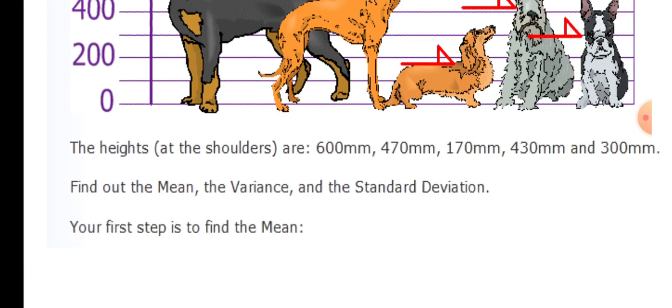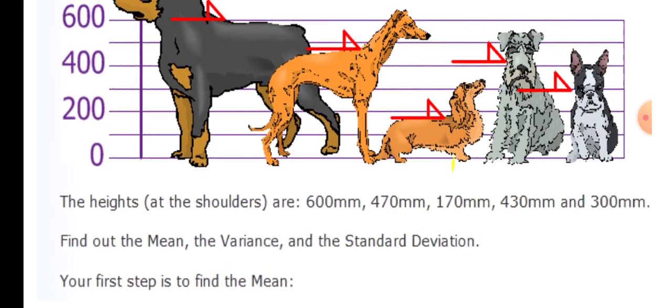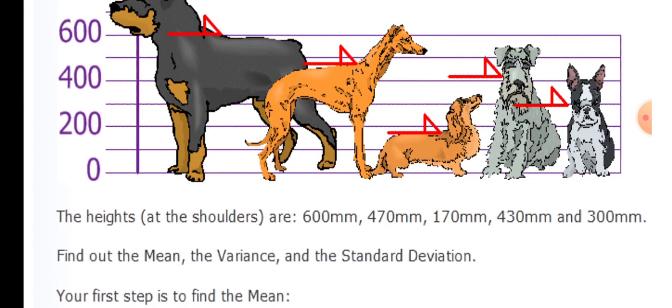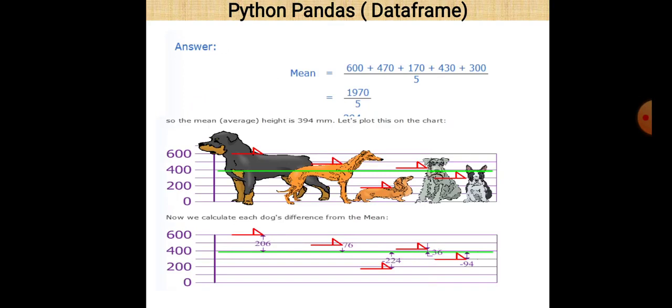If we want to find the standard deviation or variance, we have to calculate all these things. First we calculate the mean, then the variance, and only after that can we find the standard deviation. So first of all, take the mean of all these 5 values.